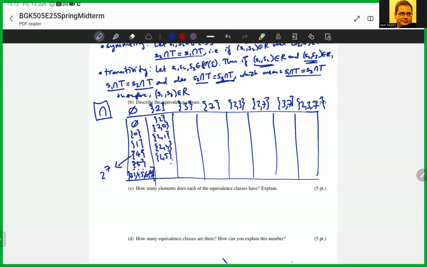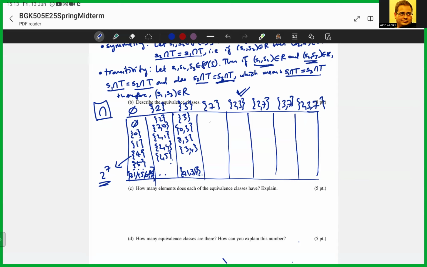You don't have 2, 3 because it will appear elsewhere, and so on. Again, this will have 2 to the power 7 elements, and here you'll have 3, then 0, 3, 1, 3, no 2, 3. You skip that one for this, then 3, 4, 3, 5, and so on, and then the one with the 7 elements here. 0, 1, 3, 4, dot, dot, dot. So you will exclude 2 and 7.